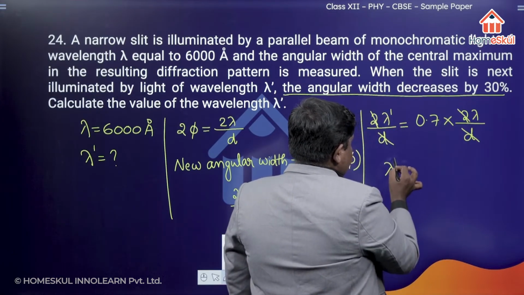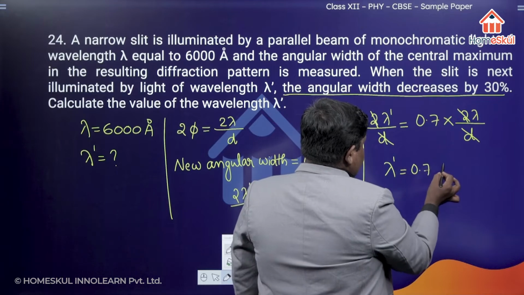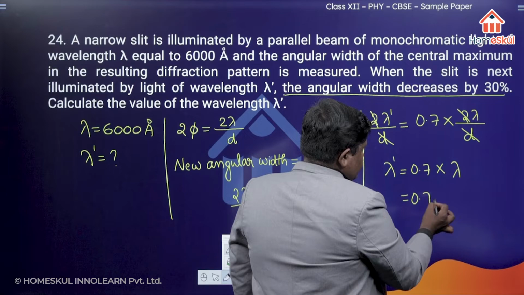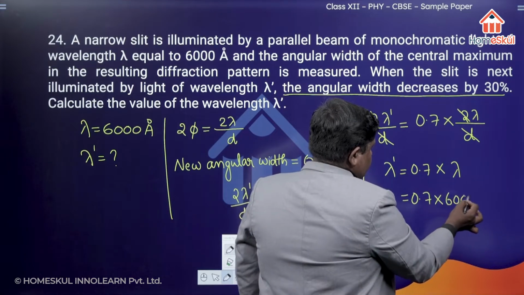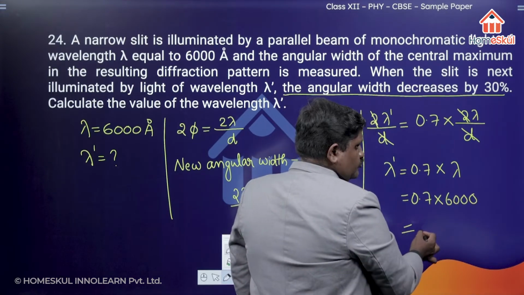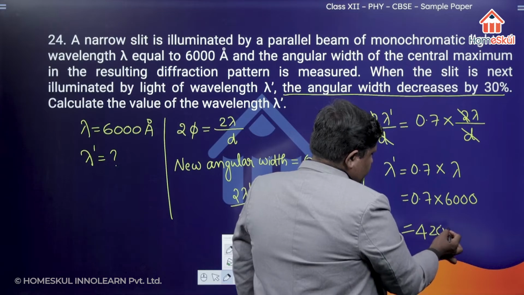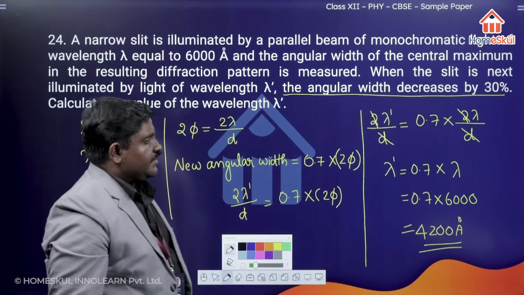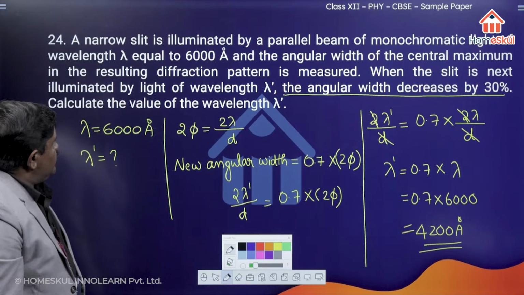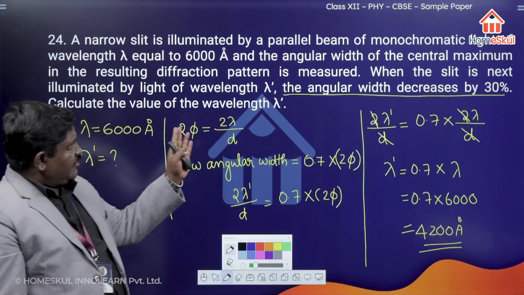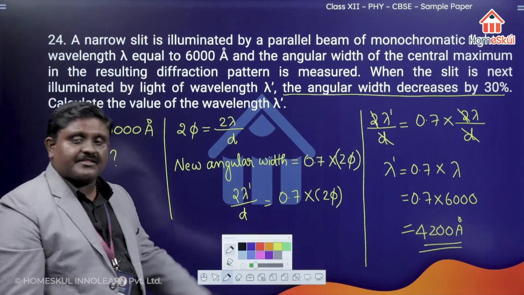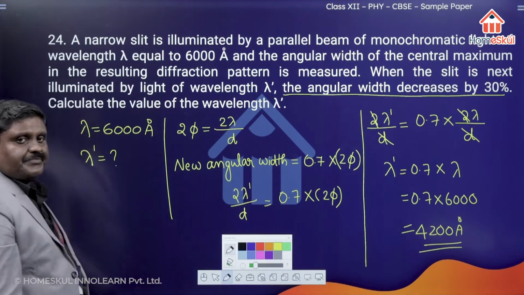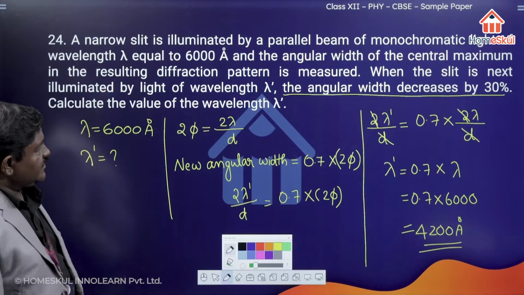We get lambda dash is equal to 0.7 into lambda, that is 0.7 into 6000, which is equal to 4200 angstrom. So the new wavelength lambda dash is 4200 angstrom. Okay, is it clear?